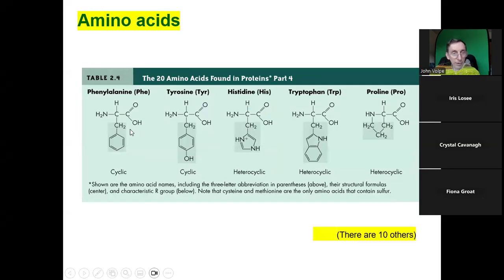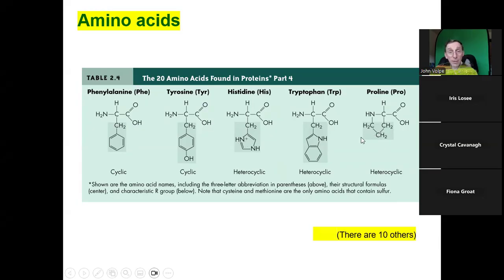This is a nonpolar R group. I already talked about tyrosine. Histidine, this portion is nonpolar, and that portion is nonpolar. But this group and that group of the molecule are actually polar. On this one, it's mostly nonpolar, but this group is polar. And then that's a nonpolar amino acid.